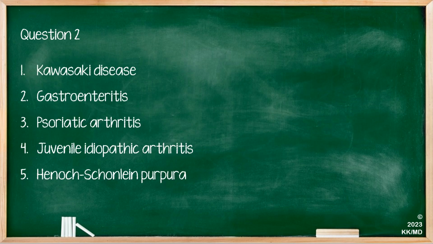The options are 1. Kawasaki disease, 2. gastroenteritis, 3. psoriatic arthritis, 4. juvenile idiopathic arthritis, 5. Henoch-Schönlein Purpura or HSP. If we go back to the case, you will realize that this is quite a classic presentation of HSP.